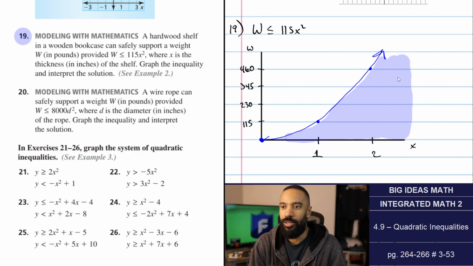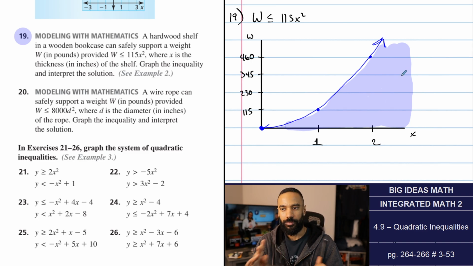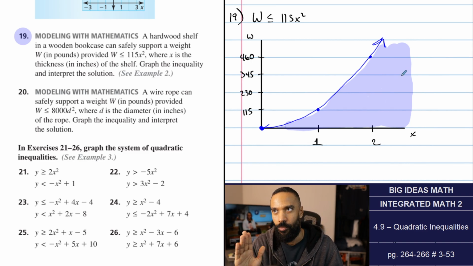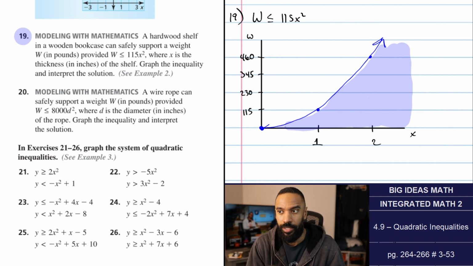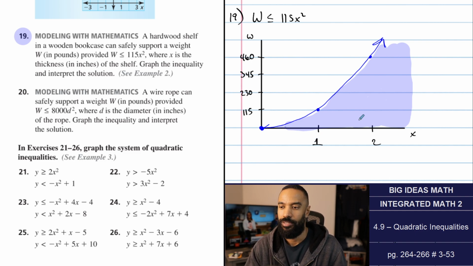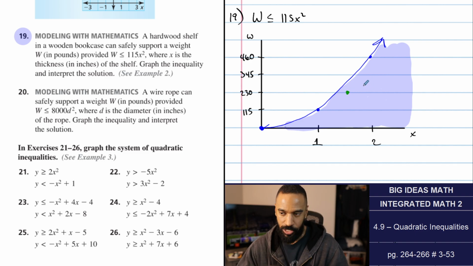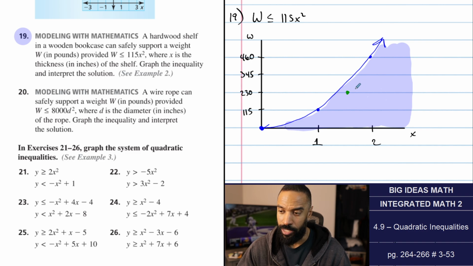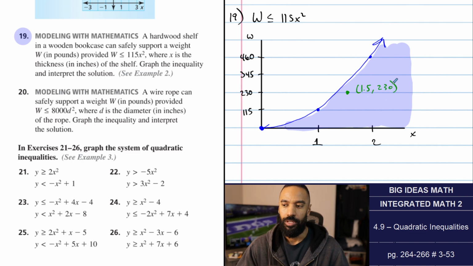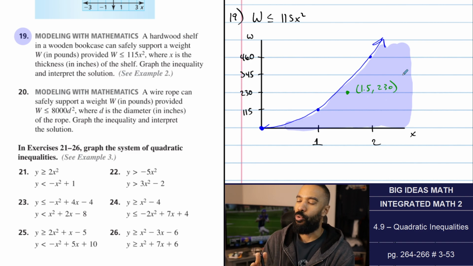Okay, graph the inequality and interpret the solution. By interpreting the solution, I believe they want us to choose a point and talk about what can work and what can't work. If my curve is accurate enough, I'm guessing that at 1.5 comma 230, that'll support that weight.